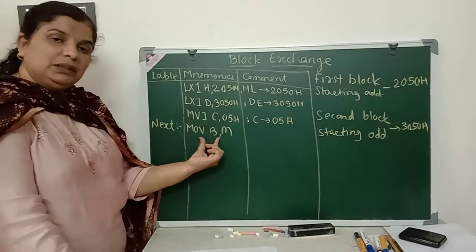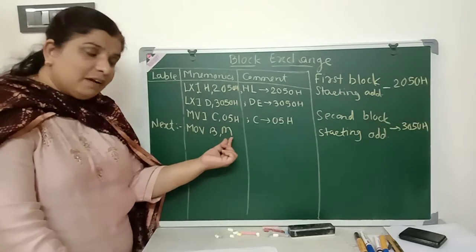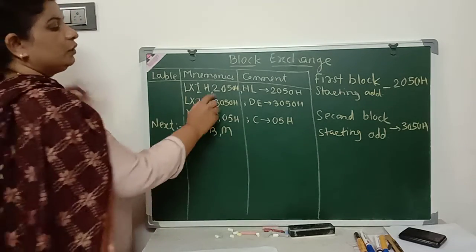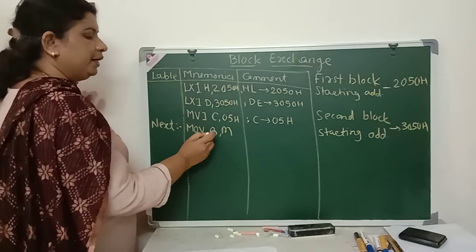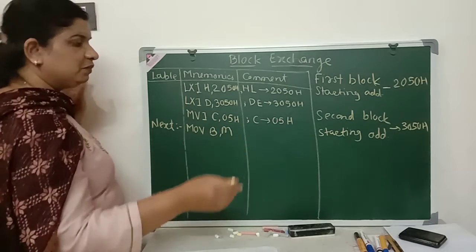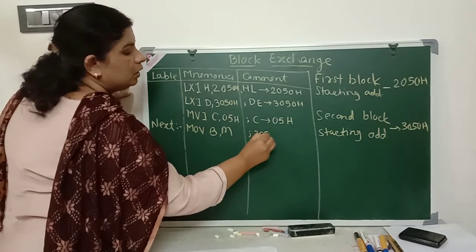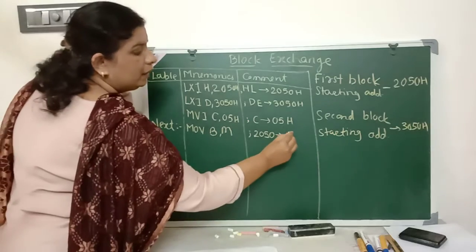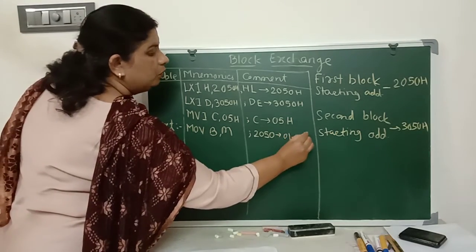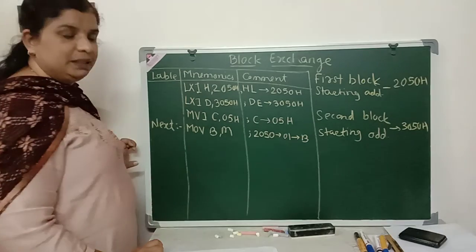So with MOV B comma M, whatever data is present at 2050 will be copied into B. In the previous video, what did we see in 2050? There is 01. Now it will be copied to the B register.